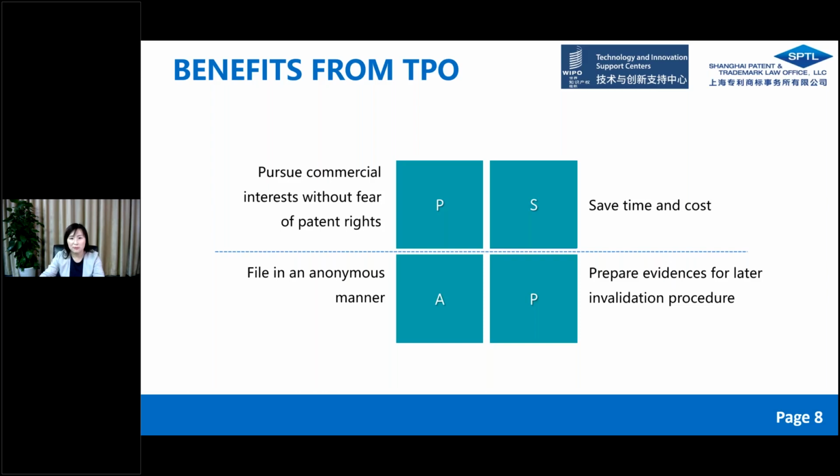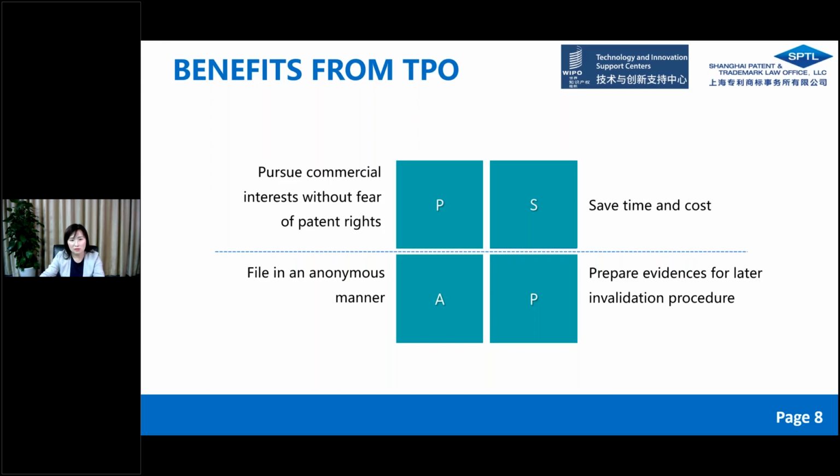There is no need to prepare a power of attorney or identification materials. Whether the submitted observation is considered by the examiner or not, the contents in the observation can still be used in a post-grant invalidation proceeding.